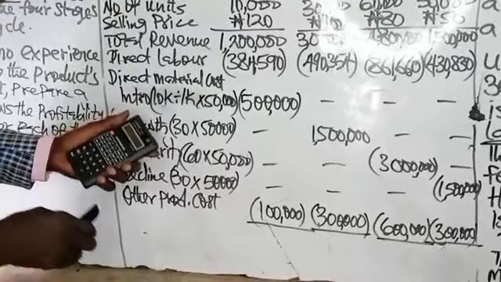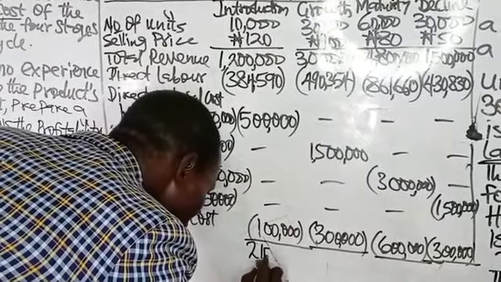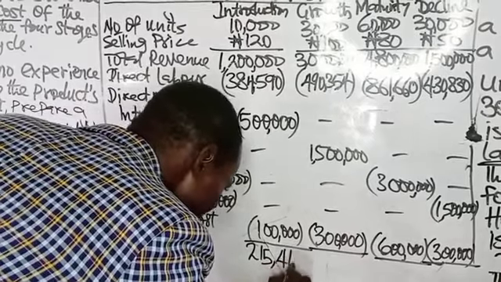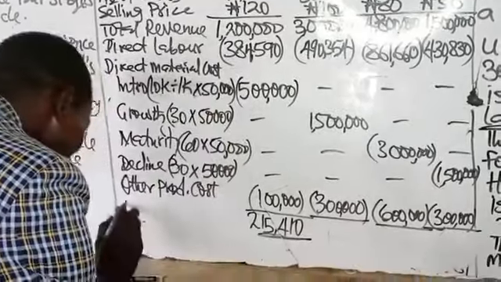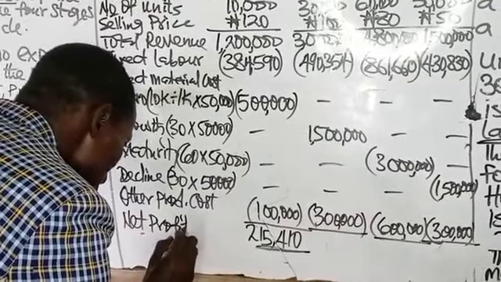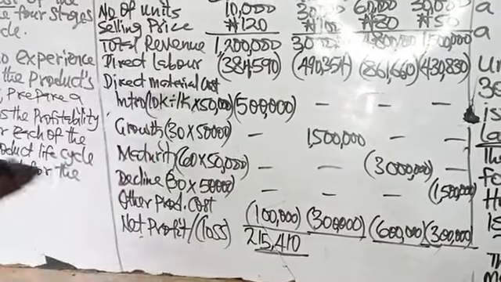You'll be left with a profit of 215,410. That is net profit, or loss in bracket if you have loss.